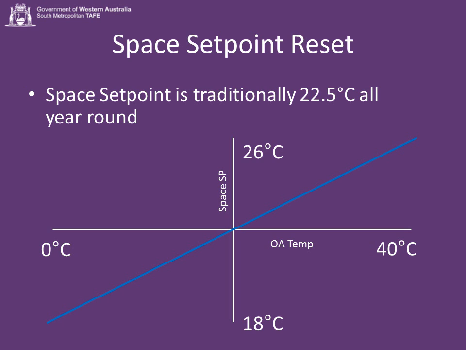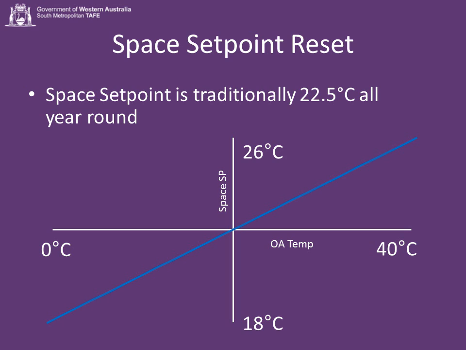So if it's 40 degrees outside, 26 degrees will seem cool, very cool. 22 degrees will seem cold, unpleasantly cold. Similarly, if it's the middle of winter and it's 0 degrees outside, 18 degrees will seem warm, pleasantly warm. 22 degrees will feel unpleasantly hot.